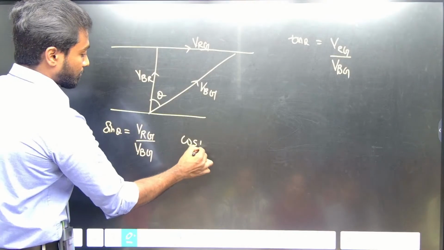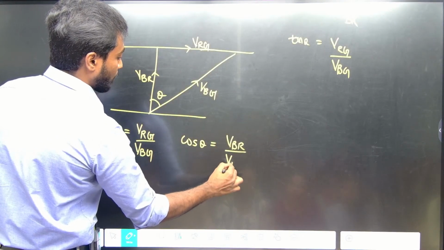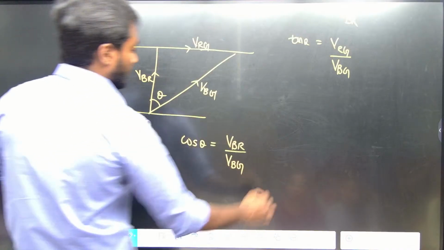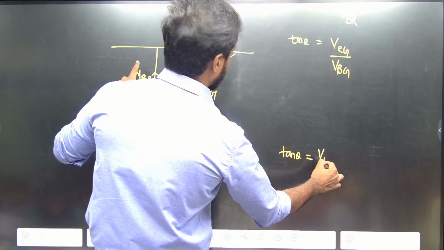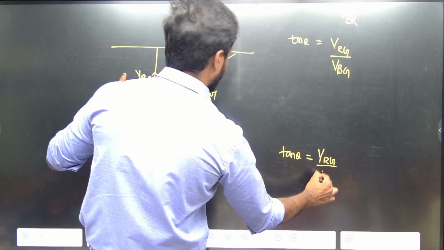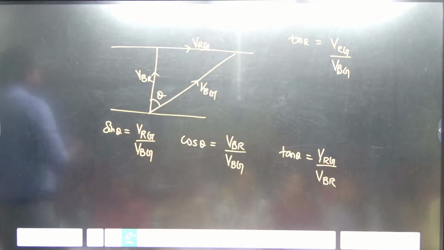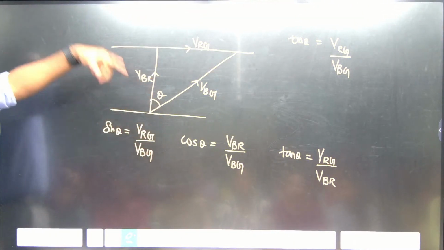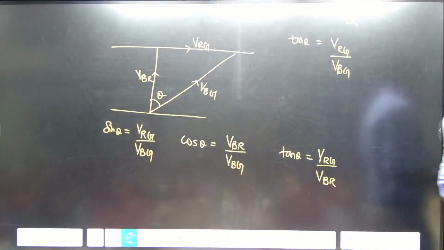Cos theta, velocity of the boat with respect to river by velocity of the boat with respect to ground. Tan theta, velocity of the river with respect to ground by velocity of the boat with respect to river. Once you cross verify whatever the angle sin, cos, tan, this one and that one, you will get the difference. Yes, no?